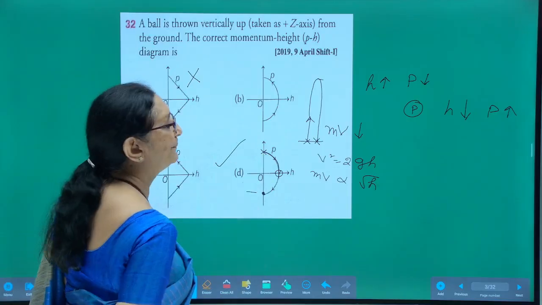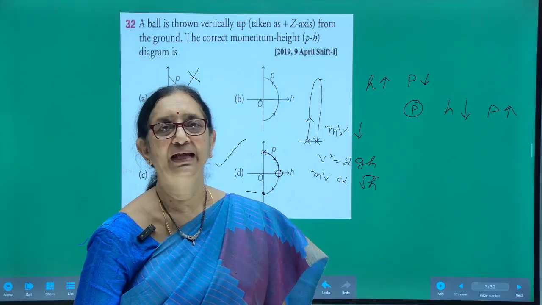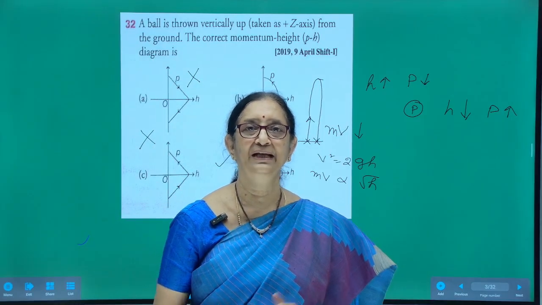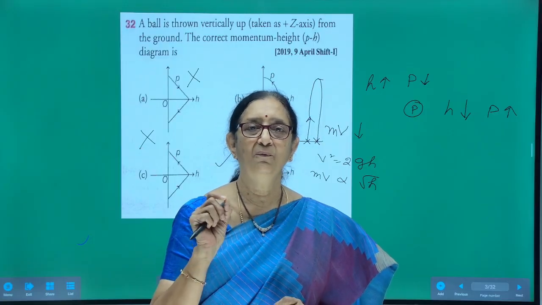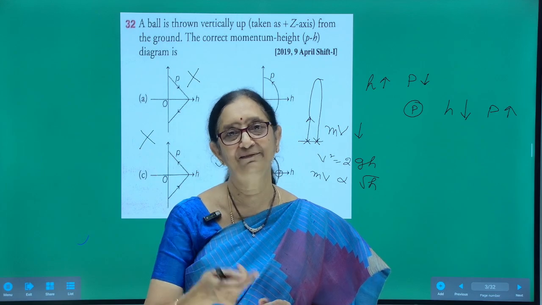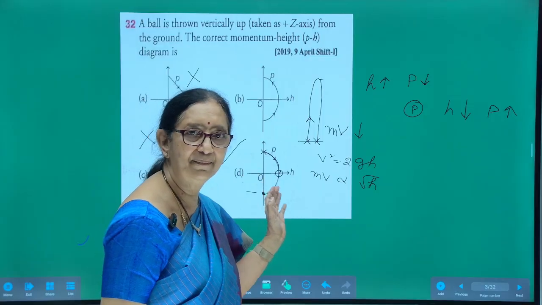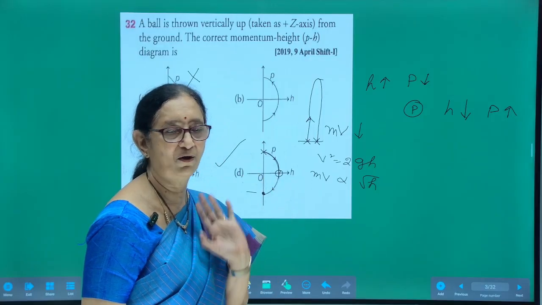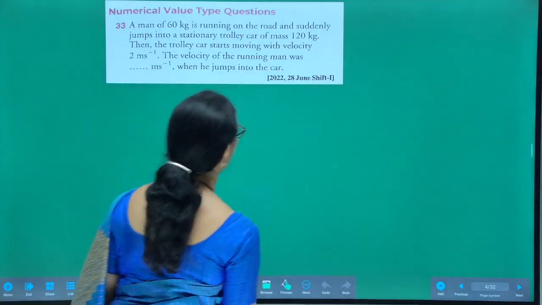So this is the perfect graph. In the case of a vertically projected body, another question given in another exam is, what is the relation between height and velocity? Exactly the same, because momentum is the product of mass and velocity.